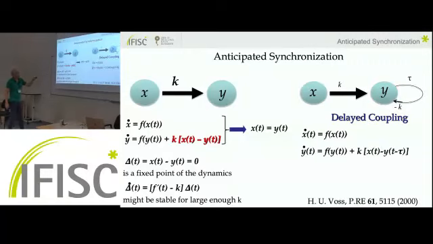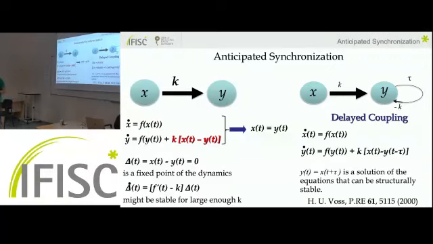But what happens if I have a delay in the second population, like here? So this is my equation now, but the coupling is not instantaneous, it contains a delay variable on the receiver side. So now the solution of the equation is not y equal to x, but y equal to x of t plus tau, which means that the receiver is predicting what the sender is going to do in the future, at time t plus tau, at the time t.